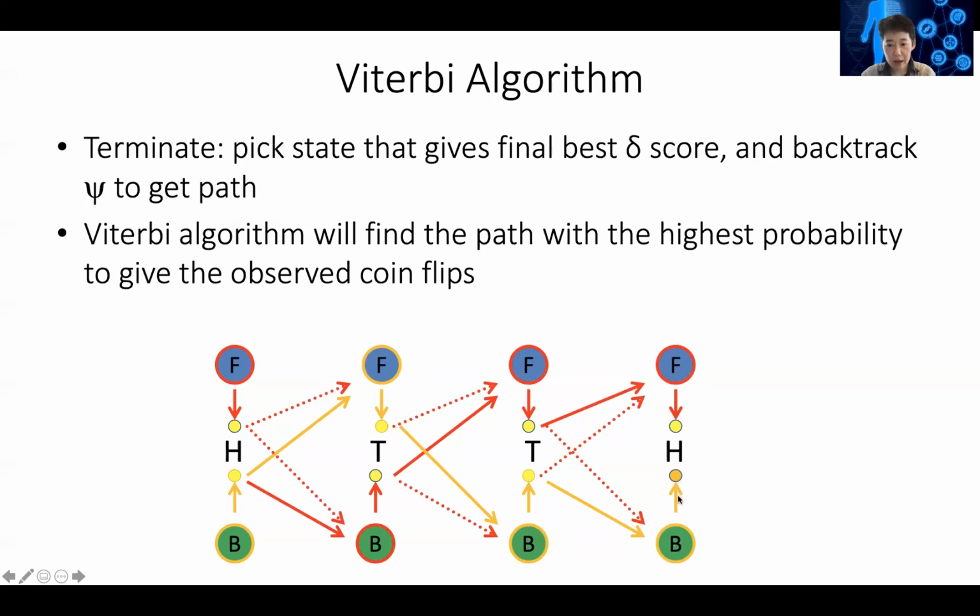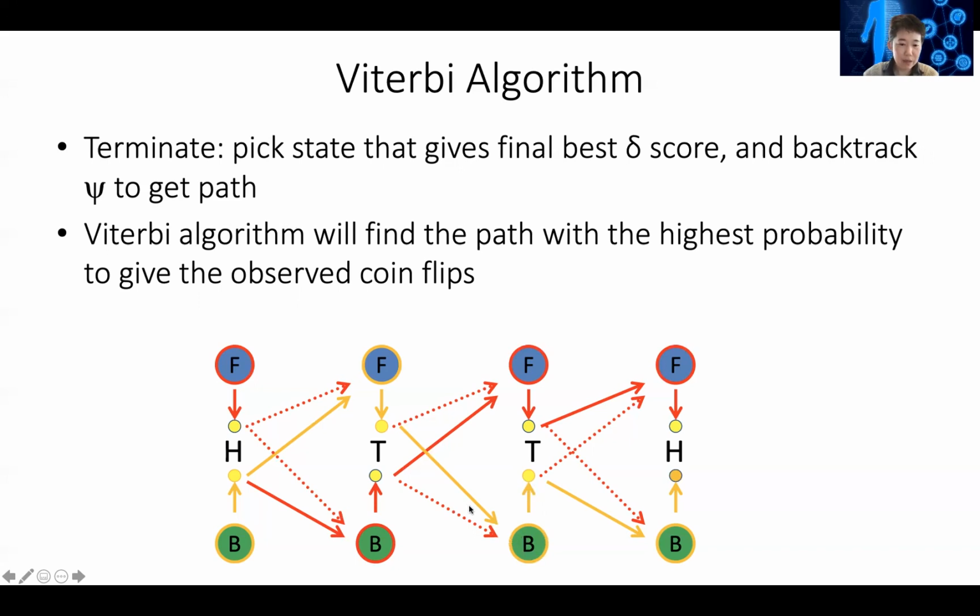Then we just backtrack. In order to use the biased coin to get this, because we know this is giving us a higher probability, we ask, how did we get here? Well, based on the psi to keep track of our path, we know, oh, okay, in order to get here, we took this path and the previous coin is biased.